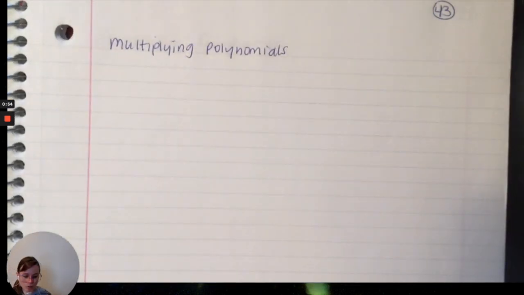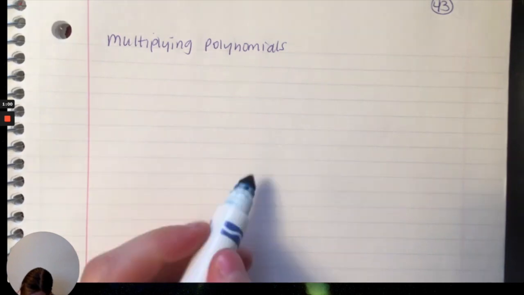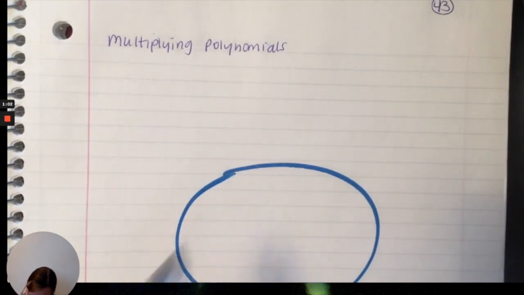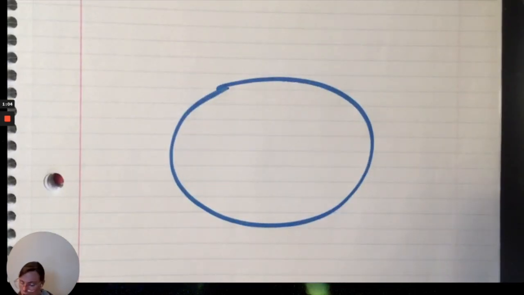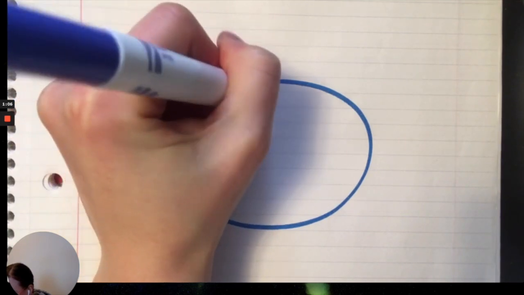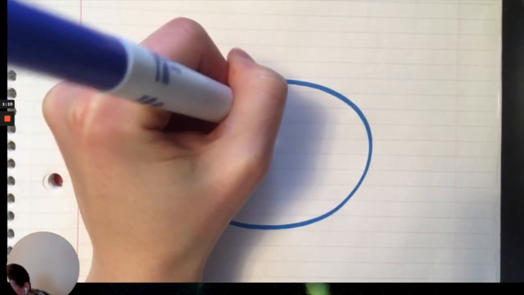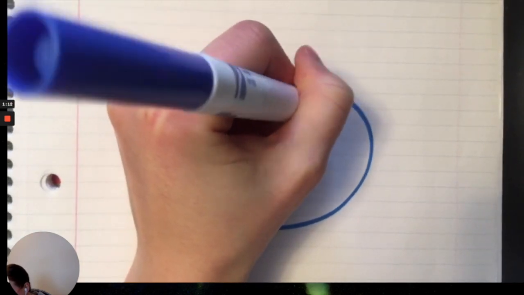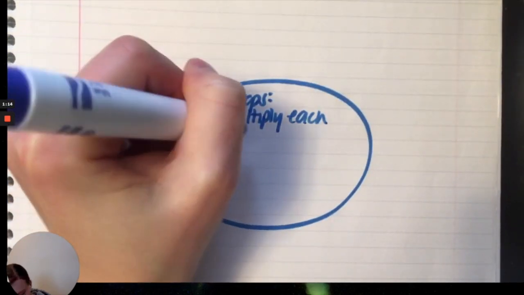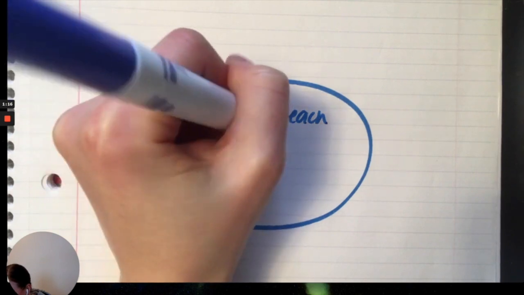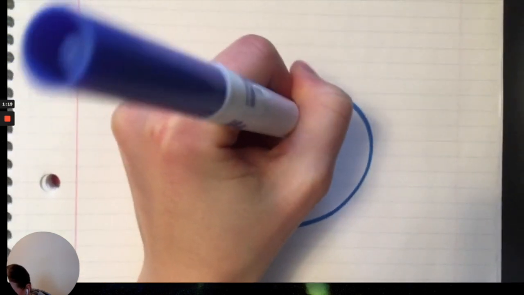Multiply polynomials. So again, we are going to have steps circle in the middle. So let's draw a circle in the middle of our paper. So the steps that we are going to follow, we're going to multiply each term in the first polynomial.